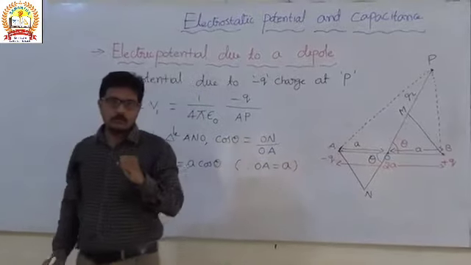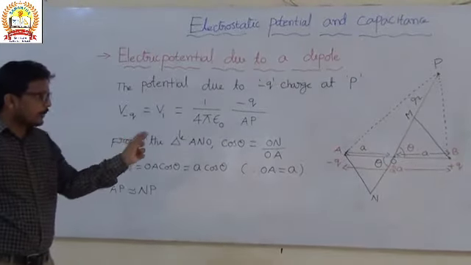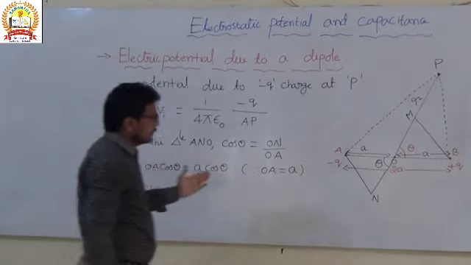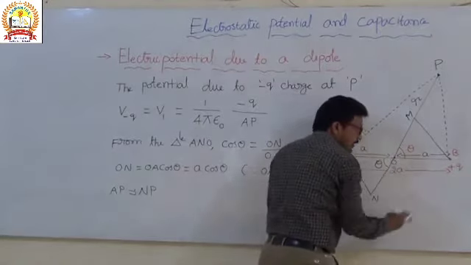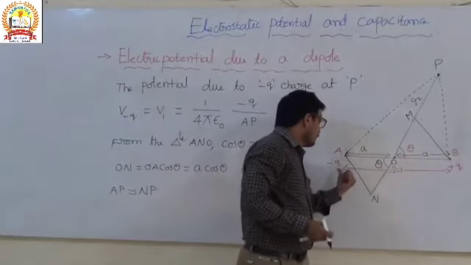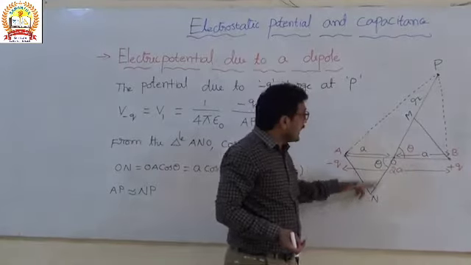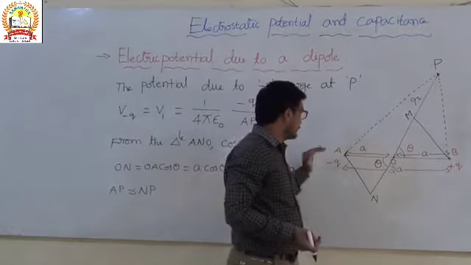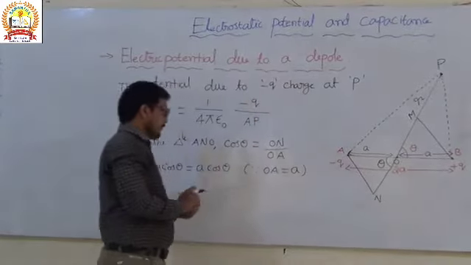You may have a doubt how it is possible, but actually for our convenience we have taken a large distance, while practically the distance between the dipole is very small. So that is the reason we have chosen AP is approximately equal to NP.